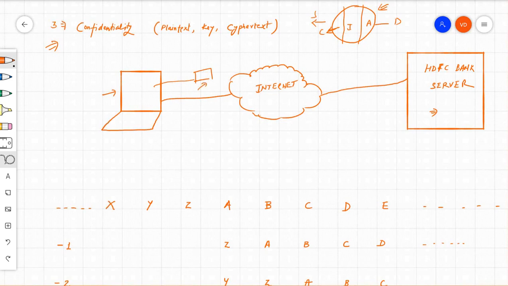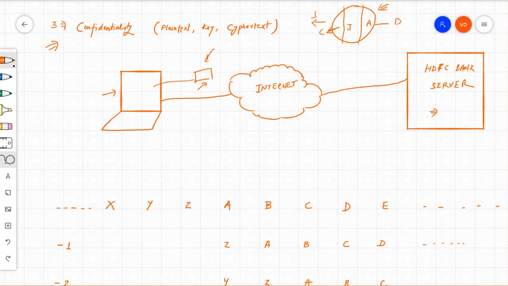I do not want that. And basically, this is not a problem of the modern world. This has been happening since long, right? So previously, what people used to do, they just encrypt this message.